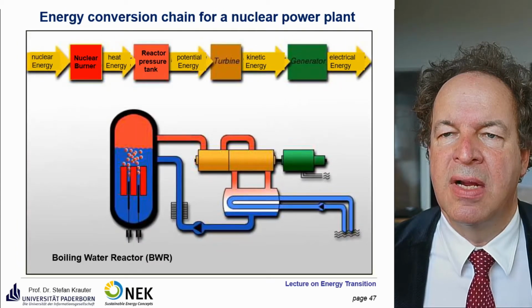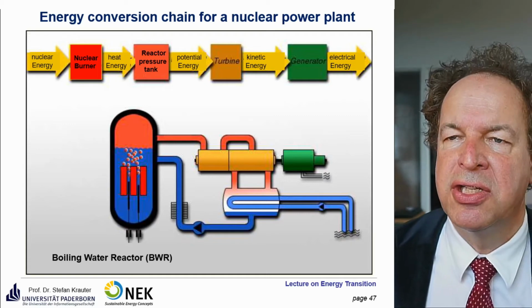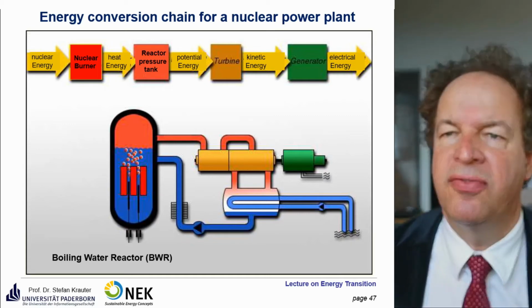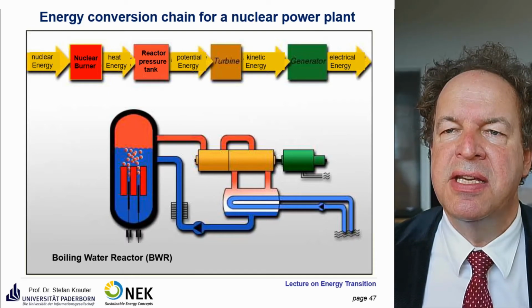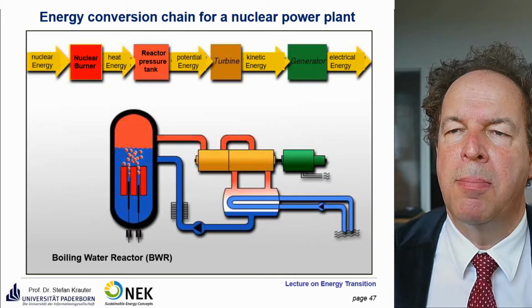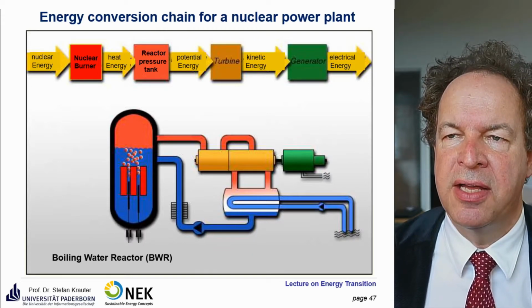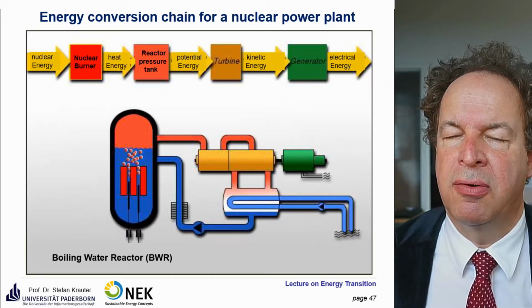A nuclear power plant, as I mentioned before, is quite similar. Instead of a combustion process, you have a nuclear chain reaction which emits heat, and you use that heat to power a steam turbine and then generate electricity. Also, to have a high efficiency, you cool down the exhaust.